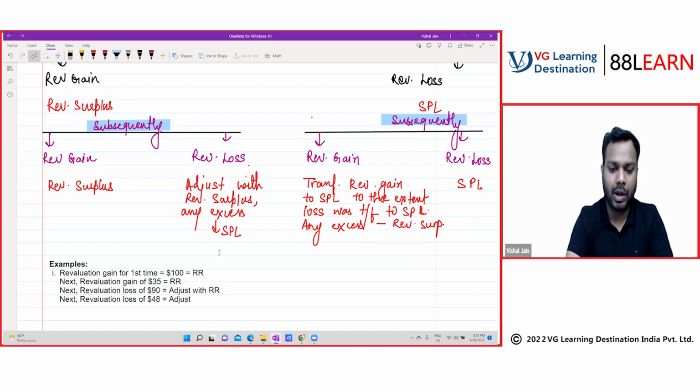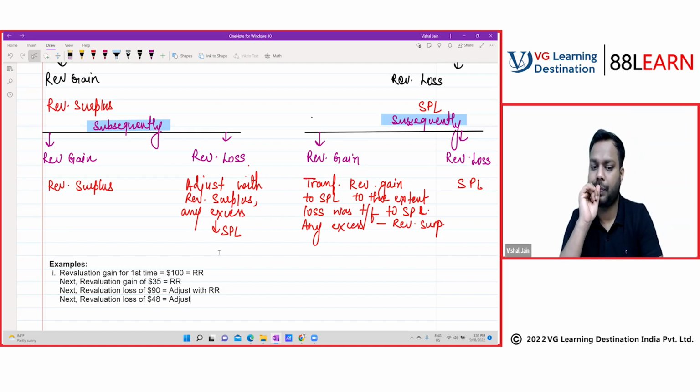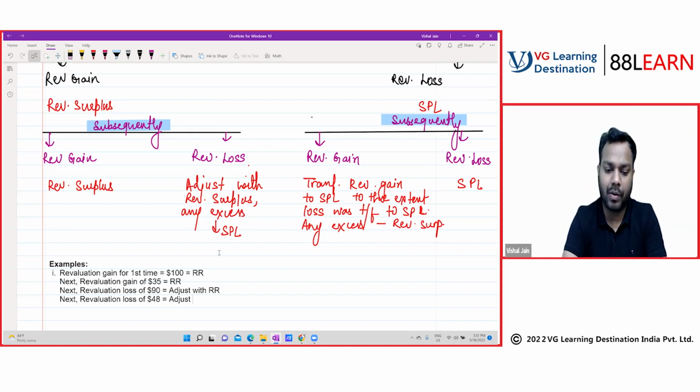Adjust how much? Adjust $45 with RR and $3 to SPL, right? Very good, Sahil, very good, Vashu.